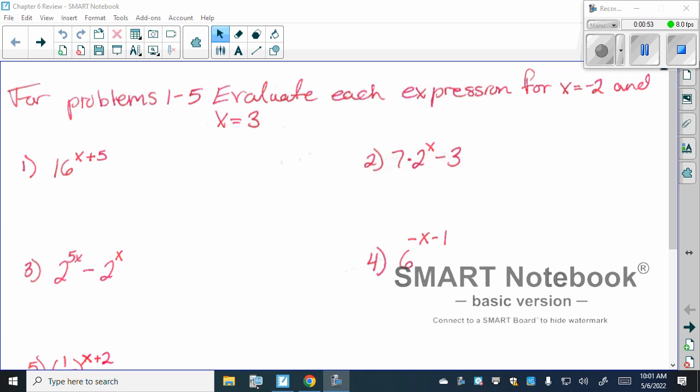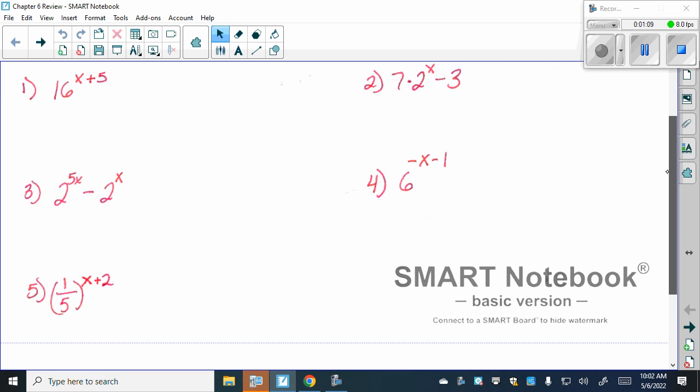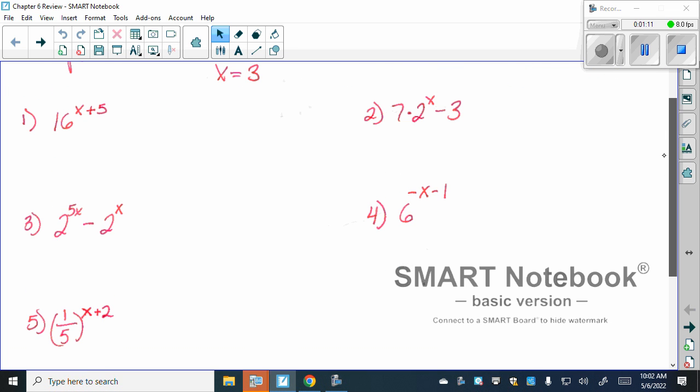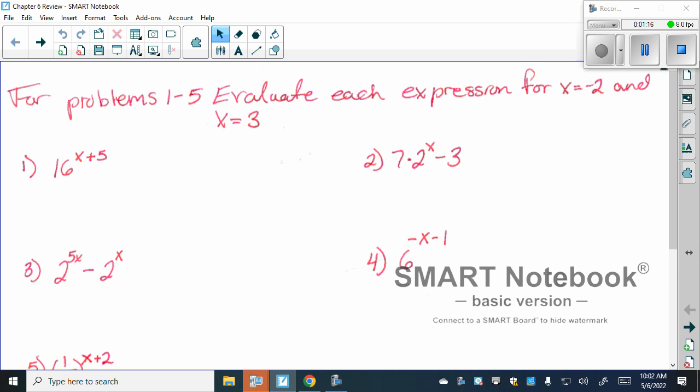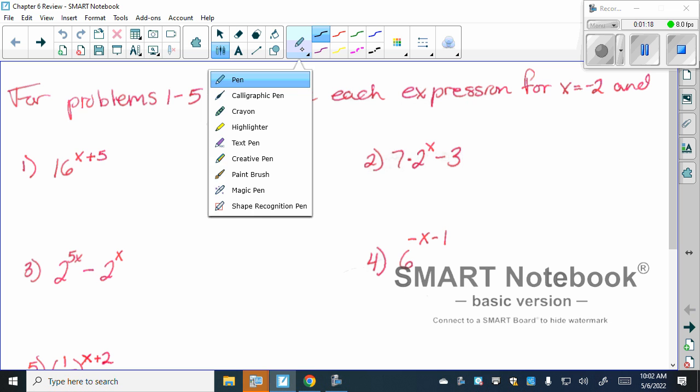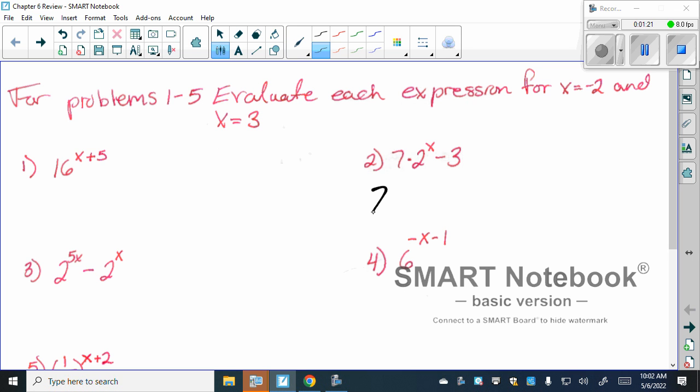So the first thing we're looking at is this here, problems 1 through 5. Evaluate each expression for -2 and 3. And I think these are some of the ones that you like the most out of all of them. Because we can look at, say, number 2, 7 times 2 to the x minus 3. Well, for -2, we would say 7 times 2 to the -2 minus 3.